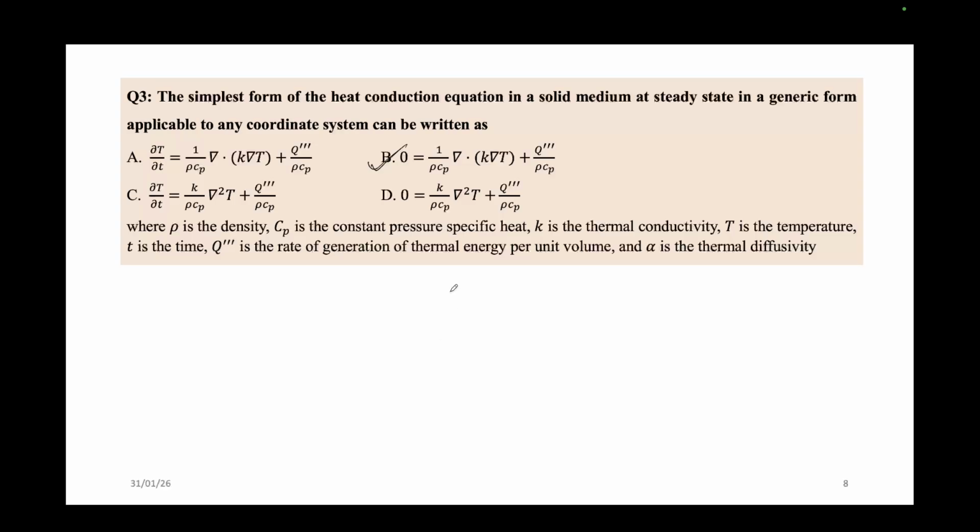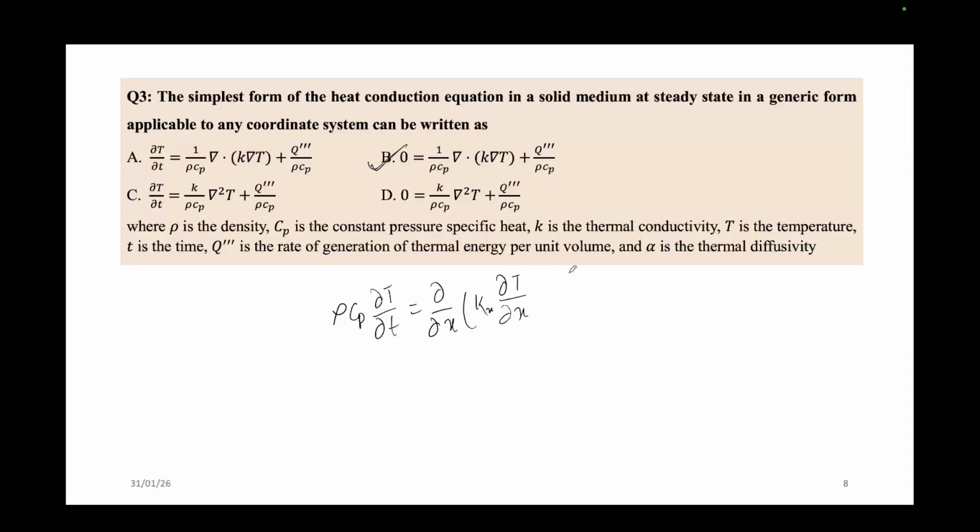Very good. So basically, the equation is that if you recall, I'm writing this equation in the full form. This one is basically your del by del x of kx del T del x.